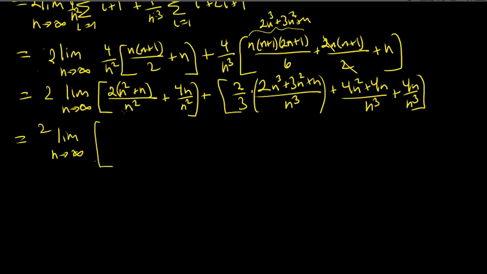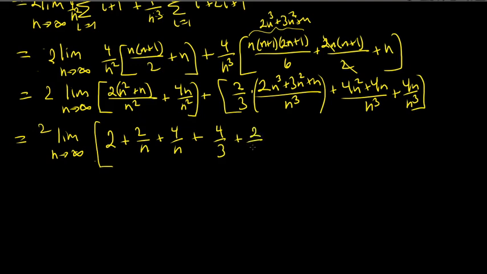So here the n squareds cancel, so you just get 2 plus 2 over n plus 4 over n. And then, yeah, let's just continue. So this is 2/3 times 2, so that's 4/3 times 1. And then everything else will just have an n in the denominator.